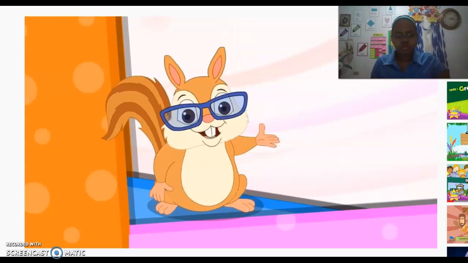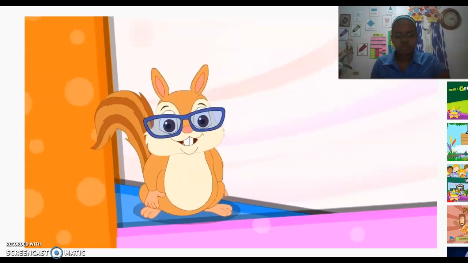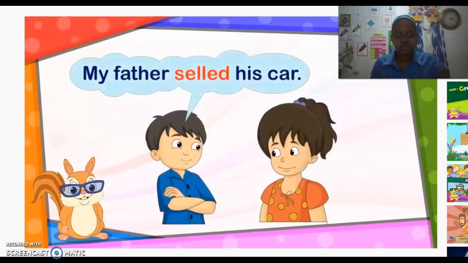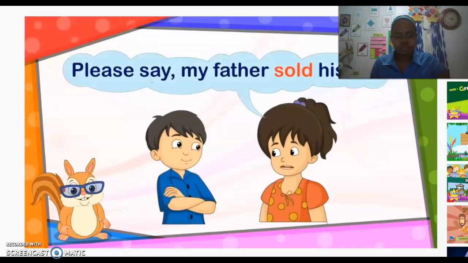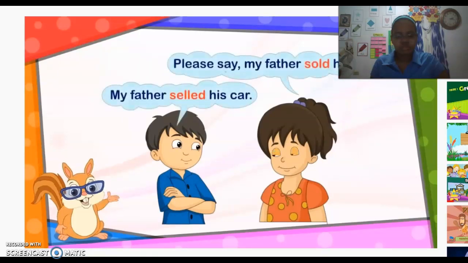Nikki believes that some verbs in simple past tense do not end in ed. Ricky, my father sold his cow. Nikki, please say, my father sold his cow. Who is right, Ricky or Nikki?